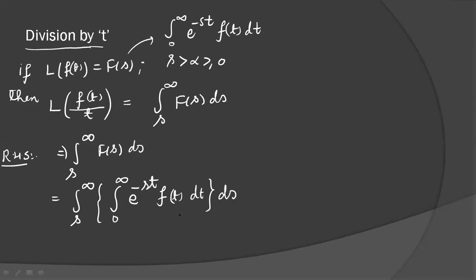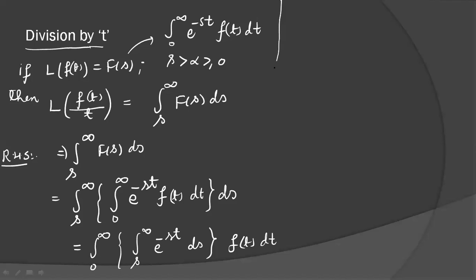The limit of s is from s to infinity, and the limit of t is from 0 to infinity. So if we change the order of this integration, you can write it like this. We will discuss change of order in upcoming lectures. Integral from s to infinity, and I am integrating the function e to the power minus st with respect to s, and outside is f(t) dt. Very soon I will teach you what is the change of order of the integration.